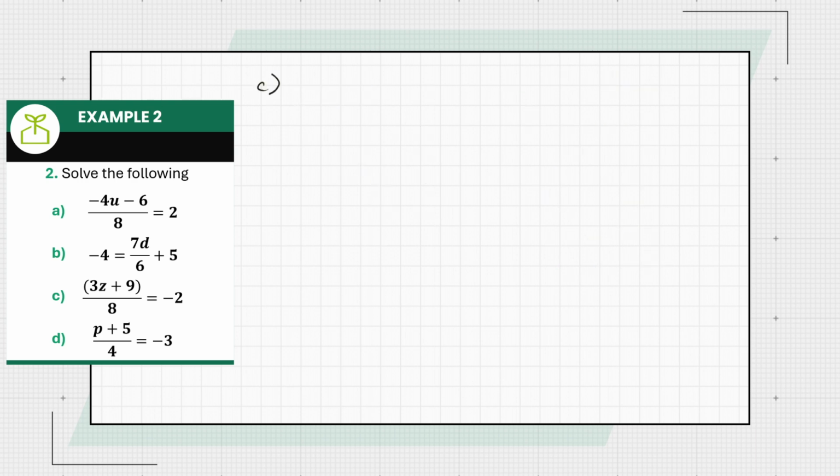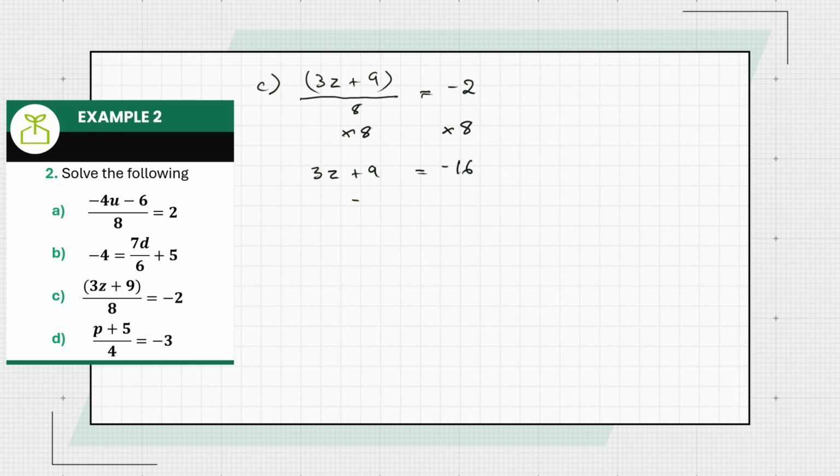Okay, let's look at C. For C, we have (3z plus 9) in brackets all over 8 is equal to negative 2. Now, to get rid of this denominator, let's multiply both sides by 8. Now we have 3z plus 9 is equal to negative 16.